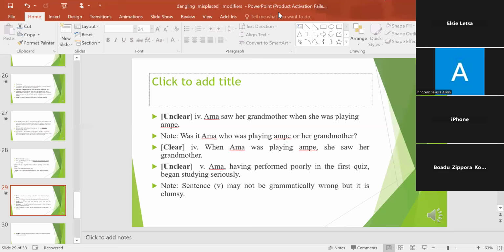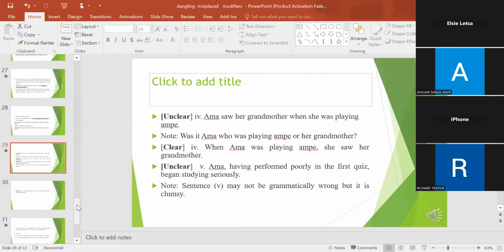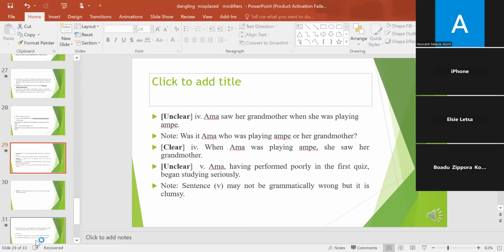Okay. So, grandmother was playing ampe when she saw Amma. Okay. Amma was playing ampe when she saw her grandmother. Okay. Very good.